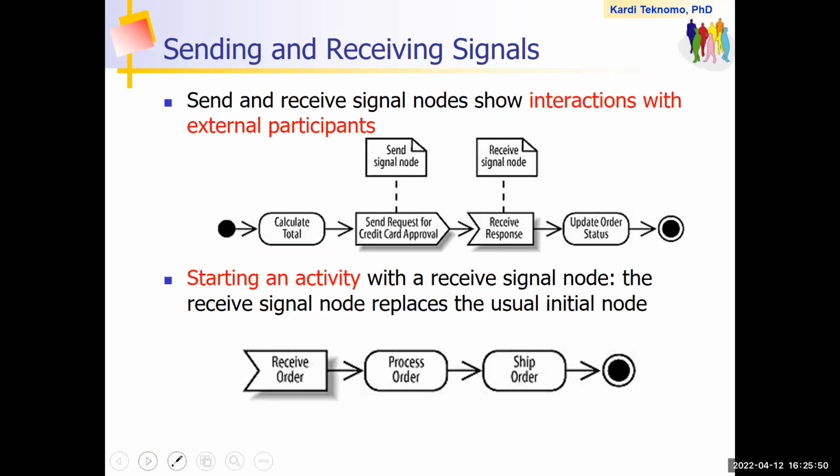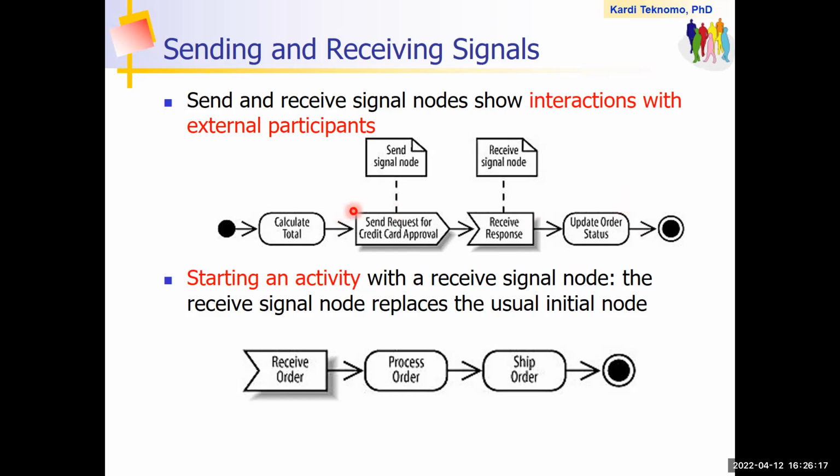You can also do sending and receiving signals. So this is the shape called sending. Say, for example, send request for credit card approval. So this is sending to another system, right? And then when you receive the response, you update the status.